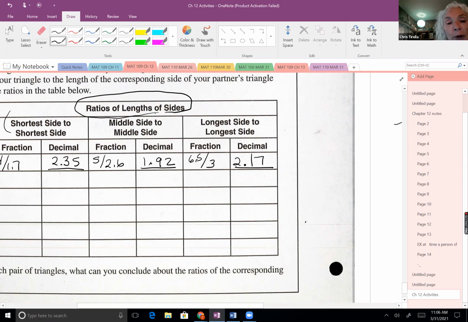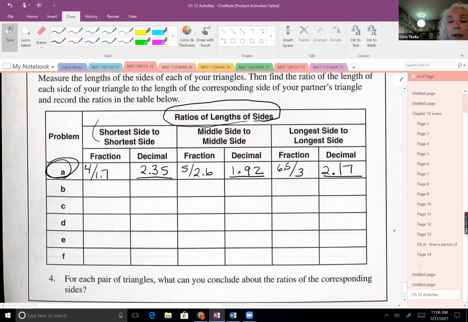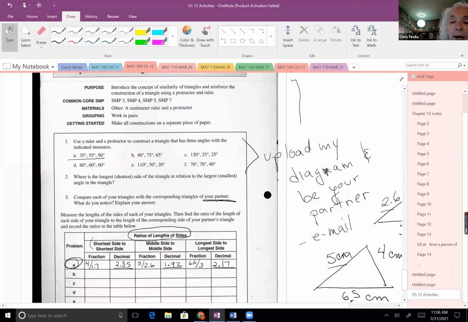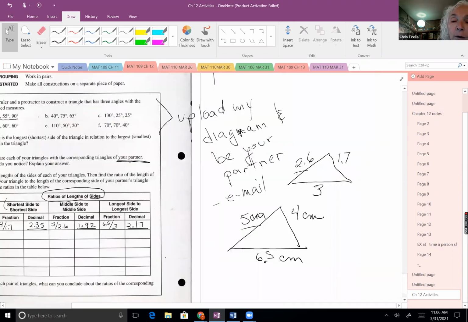Remember we had said that if all of the corresponding angles are equal, these two angles are equal, these two angles are equal, these two angles are equal, then the triangles should be similar, and those ratios should be the same. Why would they be off? Because the protractors we're using are not that precise.